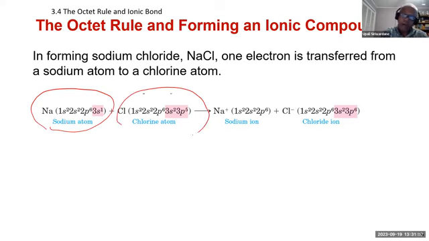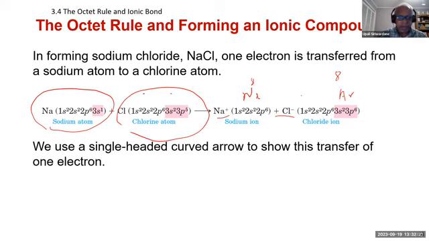That's the chloride. So sodium becomes neon-like, and chloride becomes argon-like. Both have 8 electrons. The attraction between sodium ion and chloride ion is the formation of an ionic compound.